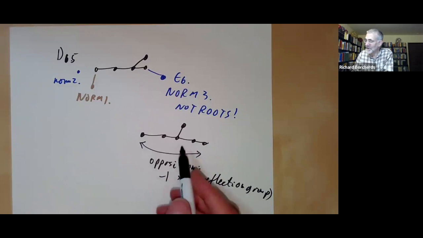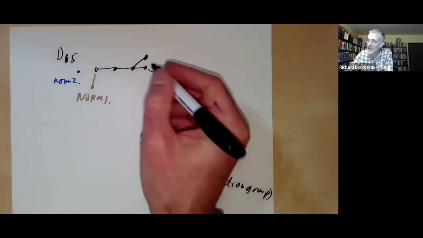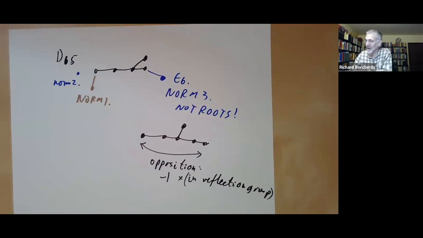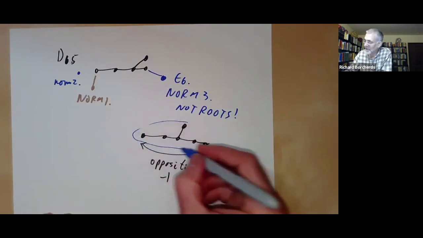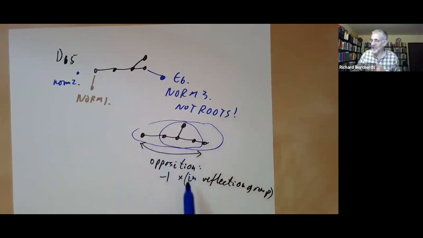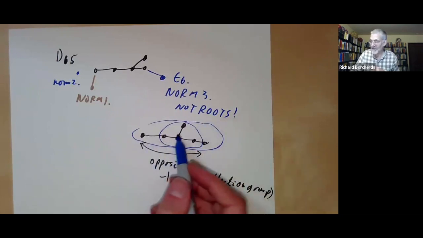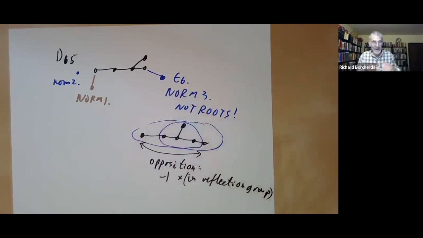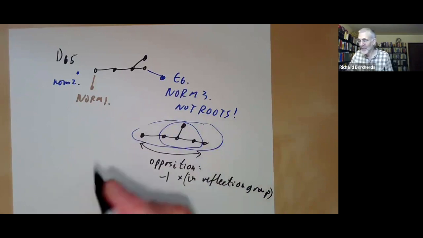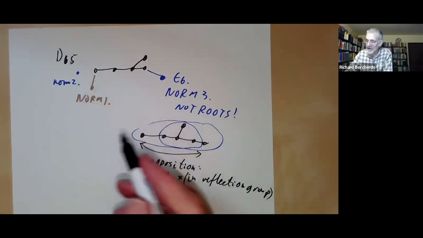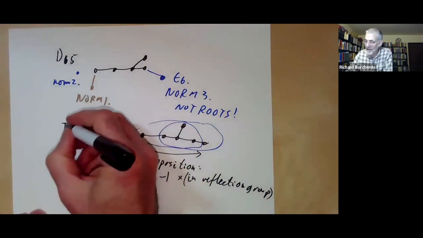And the problem is this opposition involution doesn't preserve the D5 inside it. You see, it maps this D5 to this D5. And it's the fact that it doesn't preserve the D5 that causes this to no longer be a root. So this gives another explanation of why Vinberg's algorithm starts producing infinite Dynkin diagrams at II21.